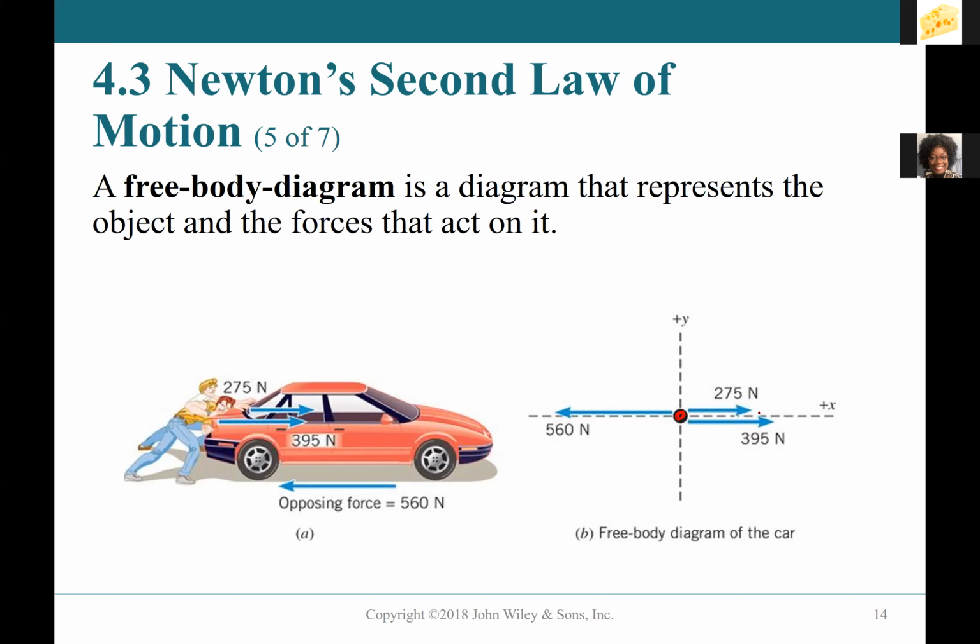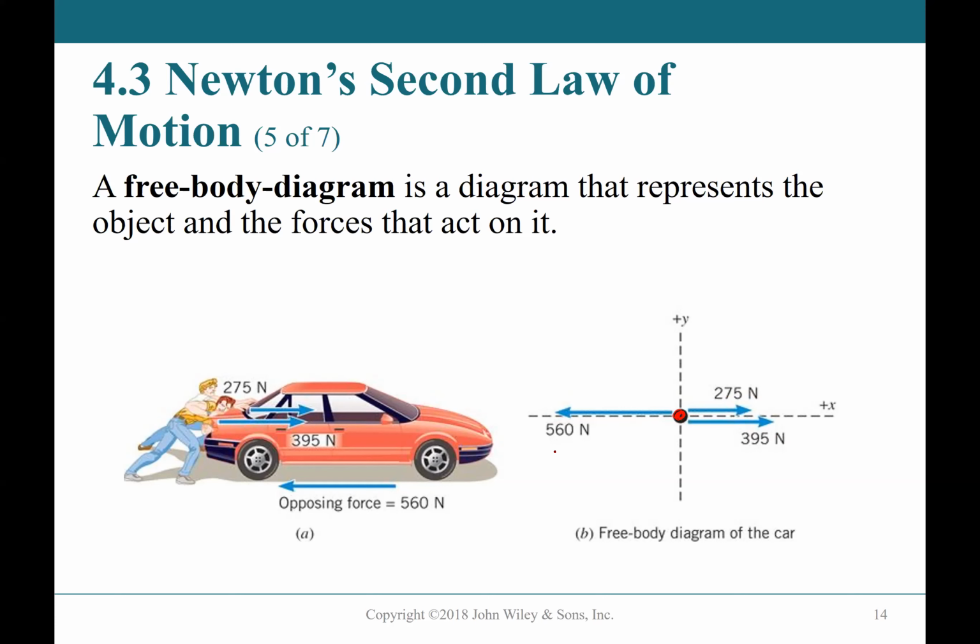So here we have a car. So this little dot right here, class, that's my car. Then we have the two guys pushing. So one is pushing with the force of 275 newtons, and the other is pushing with a force of 395 newtons. But there's an opposing force. You will learn later, this is the frictional force.